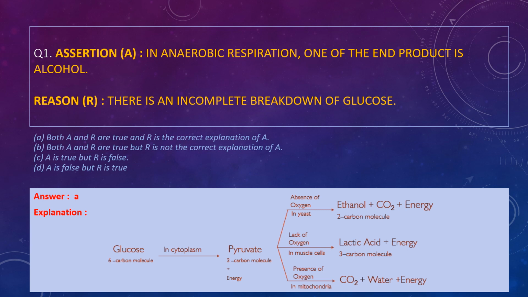Now, here in this question, we are looking at anaerobic respiration. So, in the absence of oxygen, for example, in yeast, pyruvate breaks down into ethanol and then carbon dioxide and energy. So that is what it is saying. One of the end products is alcohol. Right, so let's move ahead.